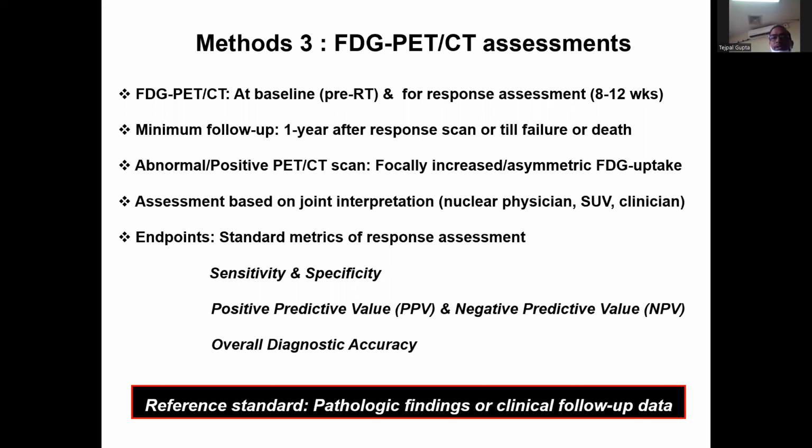Any focally increased asymmetric uptake of FDG was scored as positive. Assessment was based on a joint interpretation between the nuclear medicine physician and the clinician, and we calculated the standard metrics of response assessment, which are the sensitivity, the specificity, the positive predictive value, the negative predictive value, and overall diagnostic accuracy. The reference standard was pathological findings or clinical follow-up data.